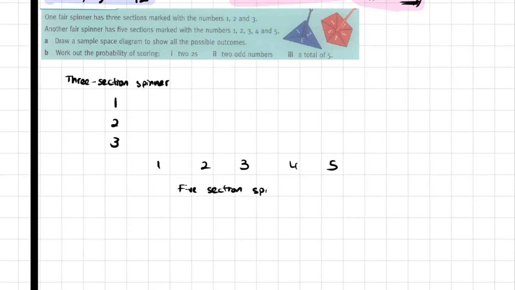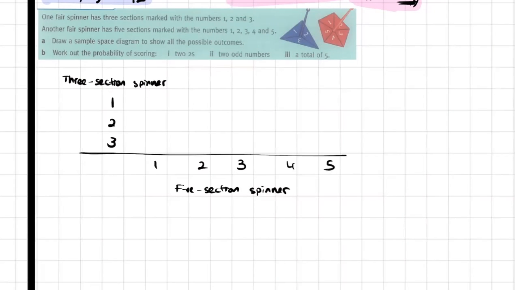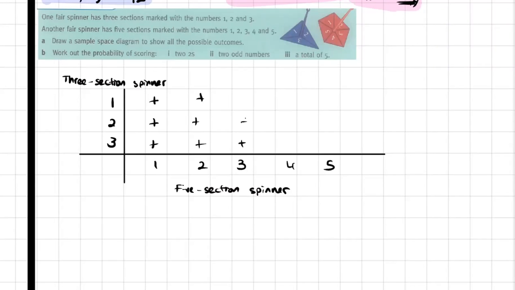Spin it. Okay, so you can see here, 3-sided and 5-sided. So the possible outcomes will be here. So you will see that there are in total 15 different outcomes.